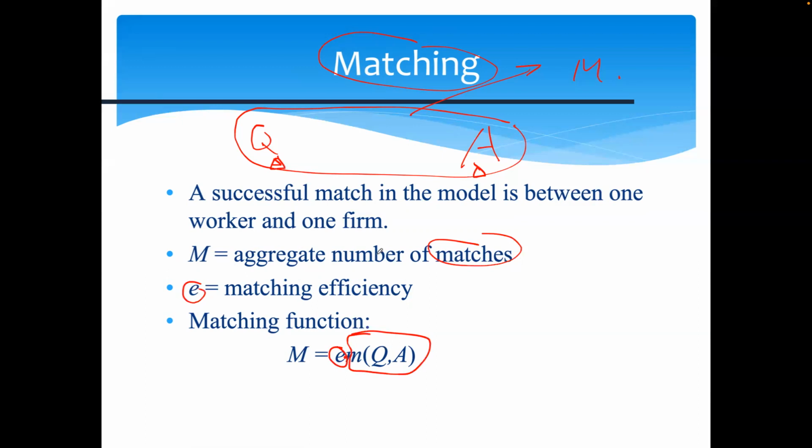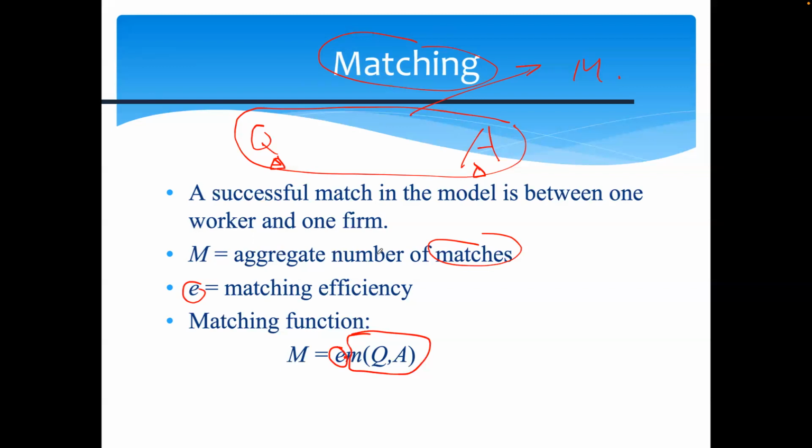And clearly, this production function increases with Q. The more workers search for a job, the more likely you're going to see a match. It also increases with A. The more vacancies available, the more likely you're going to see a match. Now, this is obvious.